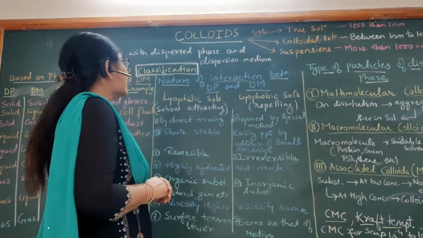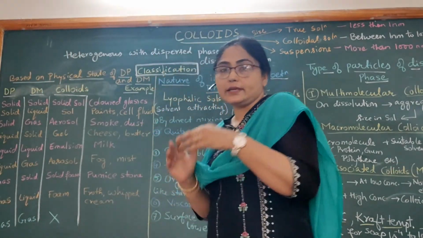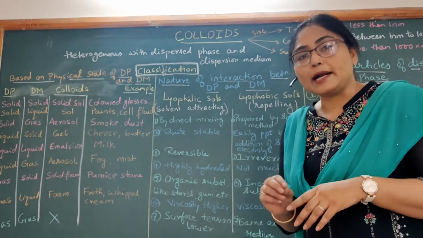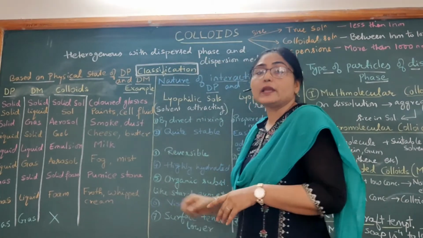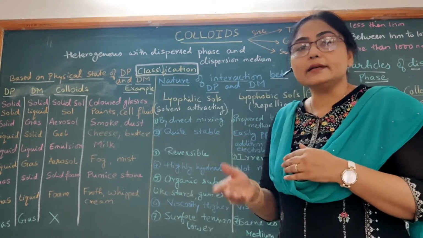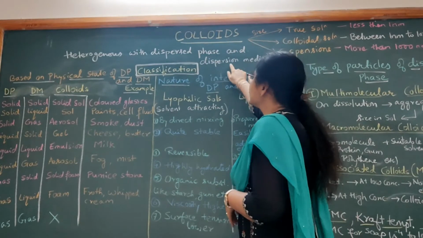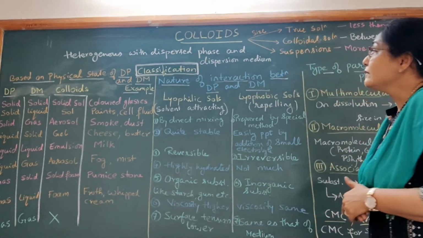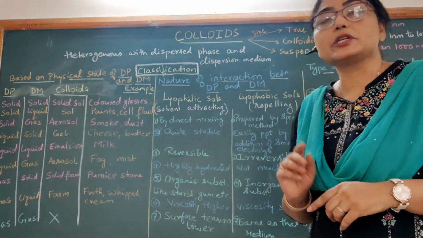Now, what actually are colloids? Colloids are heterogeneous solutions in which small particles, which we call the dispersed phase, are suspended in another substance, which we call the dispersion medium.